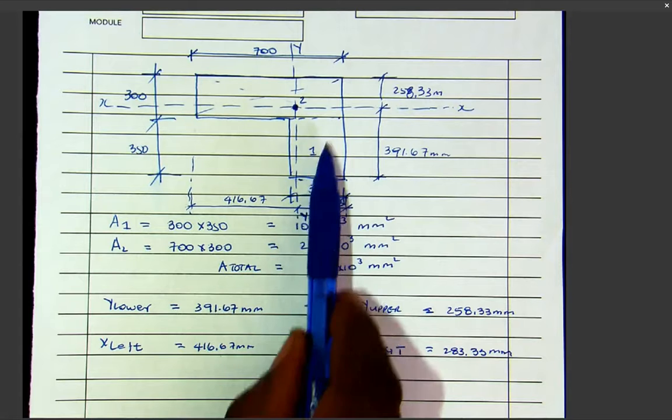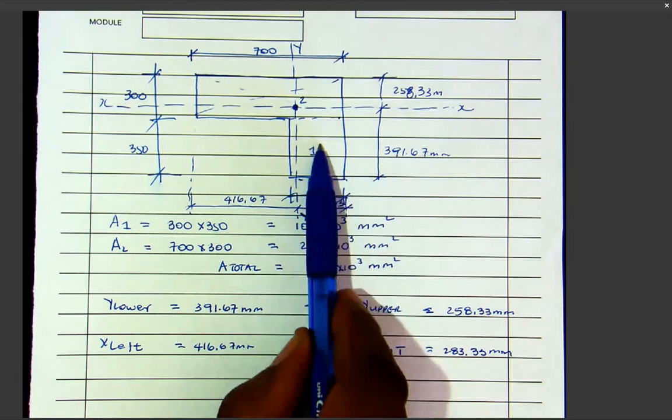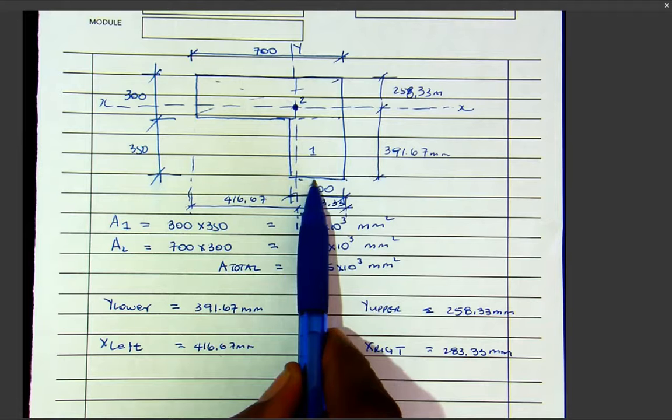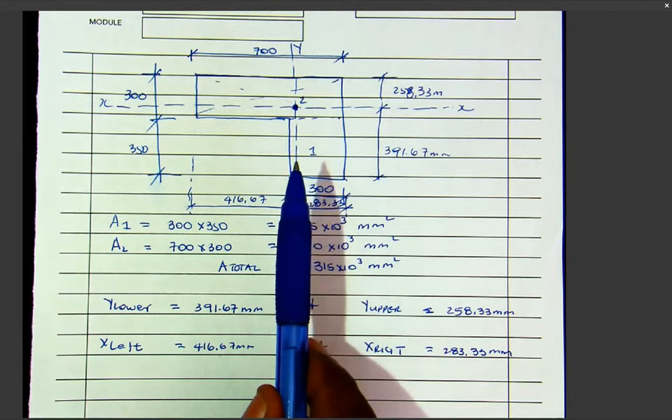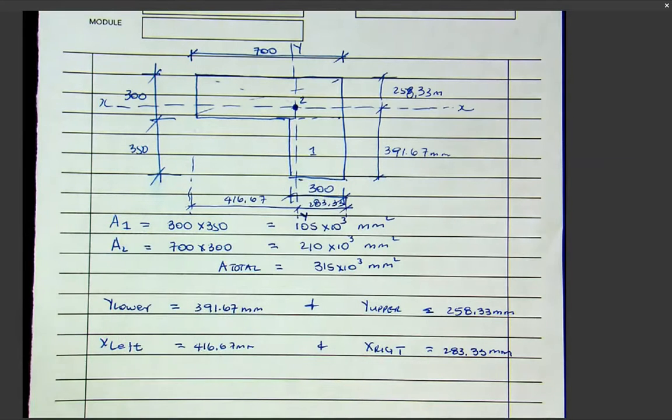So you use the area and the distance from the center of that area to there. That is a moment, but using areas. That's why we said first moment of area. So this one that we're doing now is called second moment of area, or moment of inertia. So how do you do that?